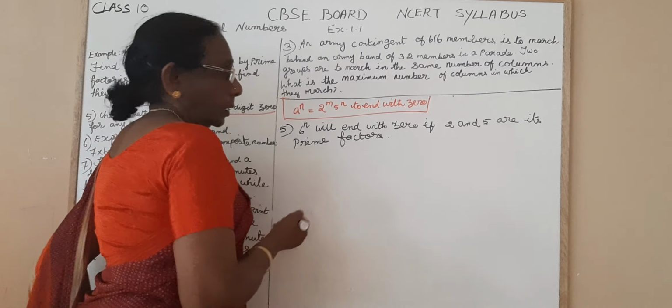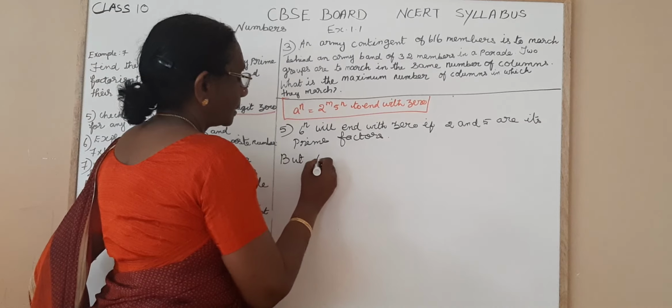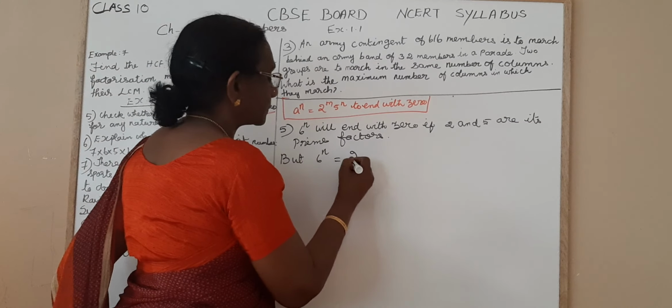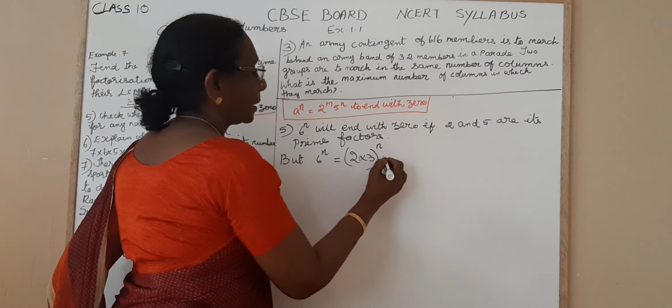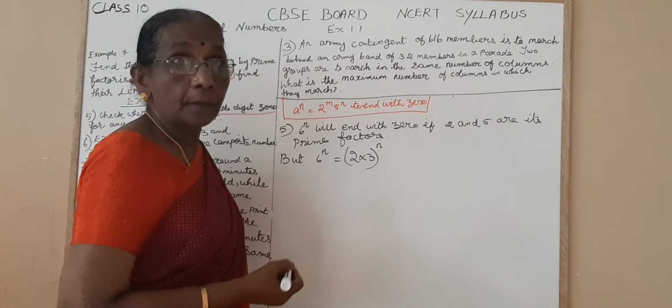But 6 power n is equal to what? 6 is what? 2 into 3. So 6 power n is 2 power n into 3 power n. So which prime factor is missing?